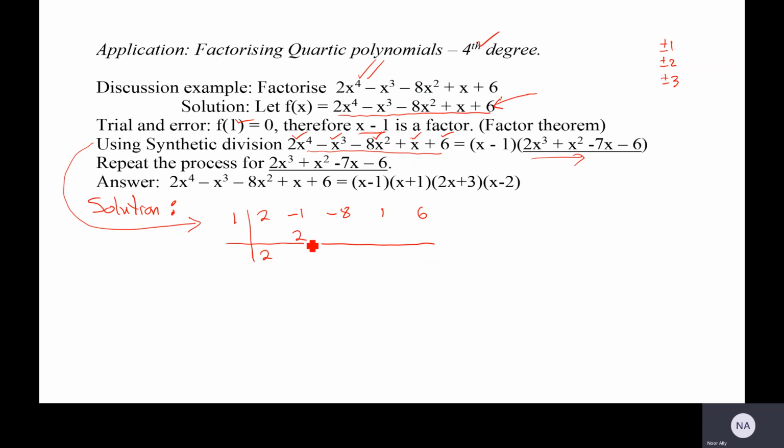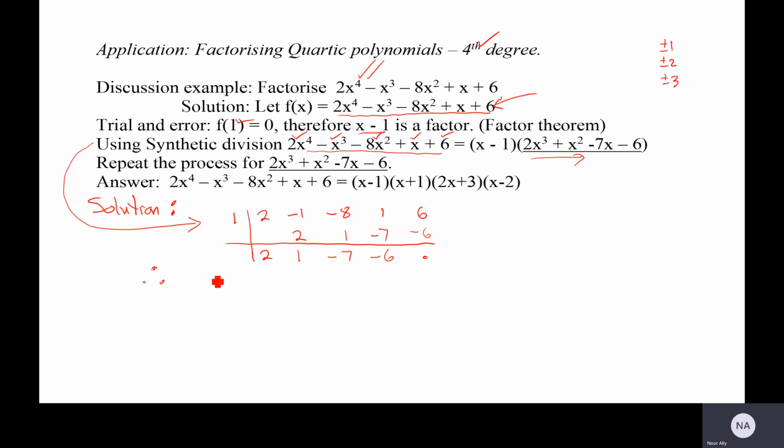Then multiply 1 times 2 is 2, minus 1 plus 2 gives you 1. 1 times 1 is 1. That's going to give you minus 7. 1 times minus 7 is minus 7. Then minus 7 plus 1 is minus 6, 1 times minus 6, and that gives you 0.